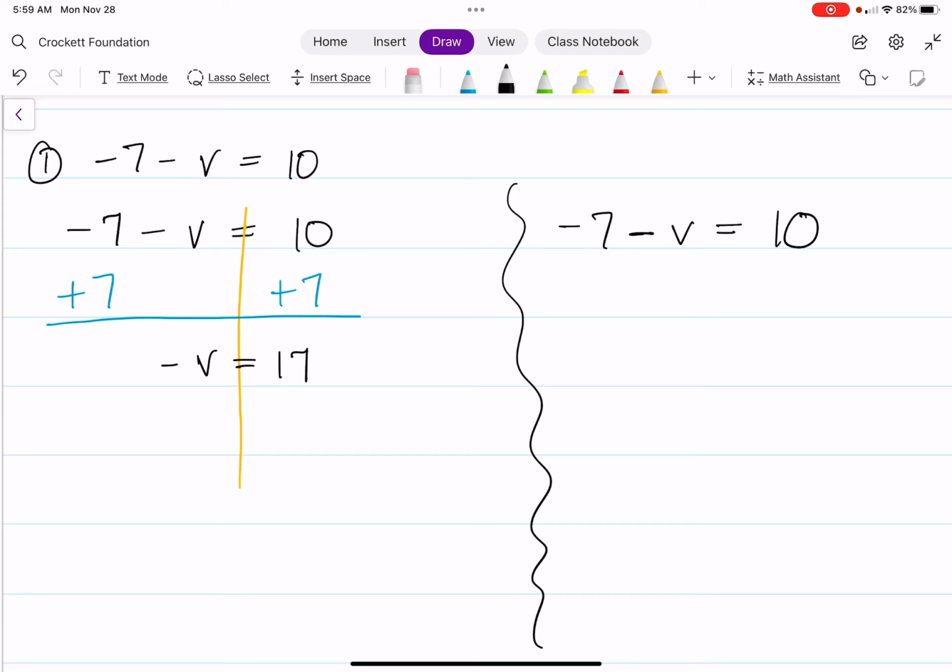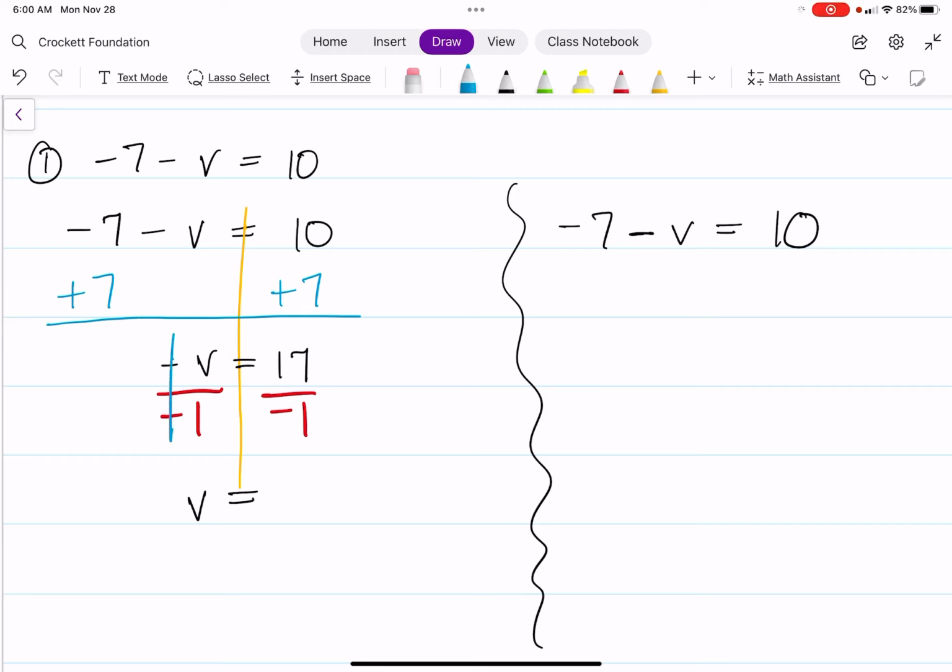Now, whenever you solve equations, the variable must be positive. So to get rid of that negative in front of the v, we would have to essentially divide both sides by -1, okay? Now, when we do that, the v becomes positive, because the negatives cancel out.